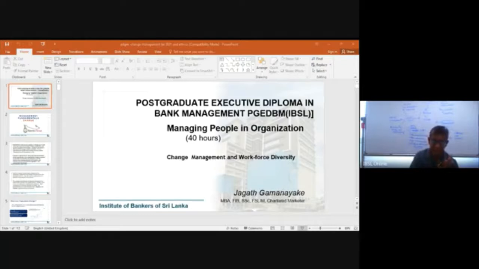Then we looked at the three-stage model: unfreeze, change, and refreeze. Then we discussed McKinsey's 7S model, and the last model, called the action research process. So these are the models available if you want to manage your change.